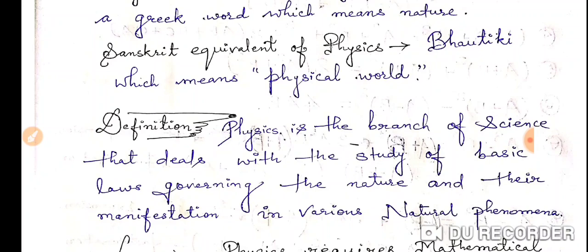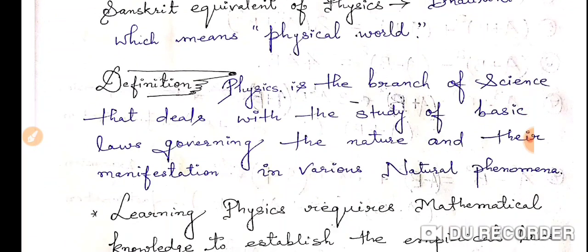Since we know that in our surroundings there are various phenomena that occur in nature and they are governed by some laws of physics, and whatever laws we study in physics, they all are applicable and visible in our natural surroundings. That's why we define physics as the branch of science that deals with the nature and natural phenomena.